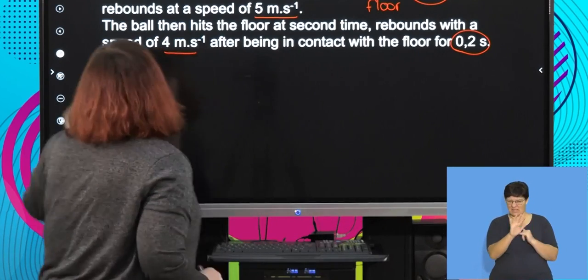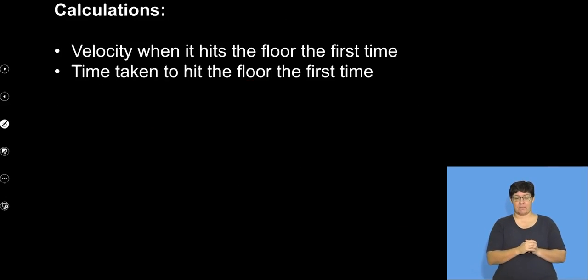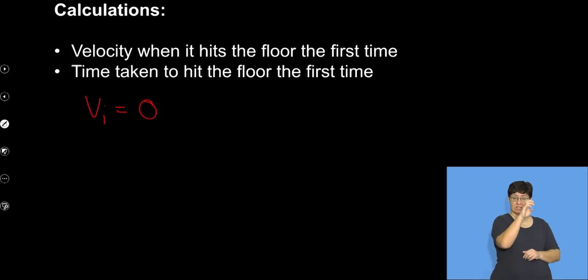It's all right. So what I need to do is know the velocity when it hits the floor for the first time. So I want to draw some graphs. I know my initial velocity was 0. I want to know what its final velocity is.